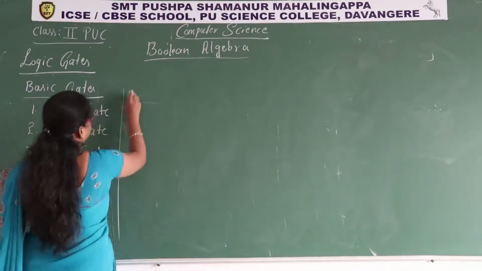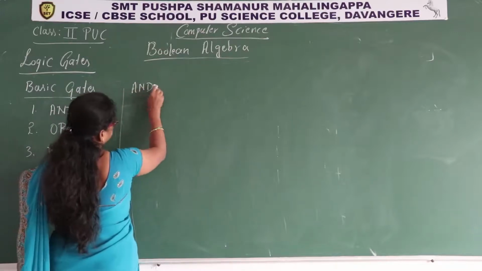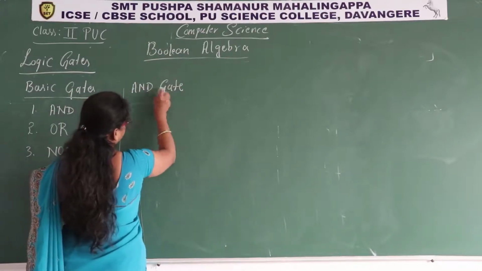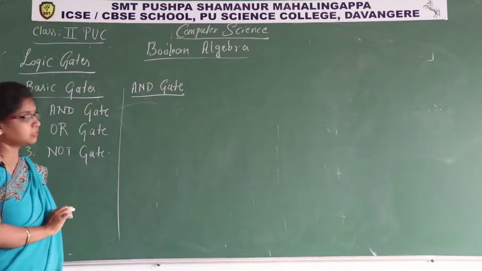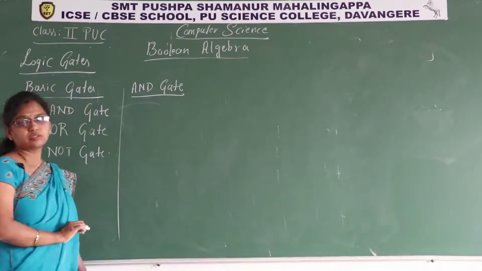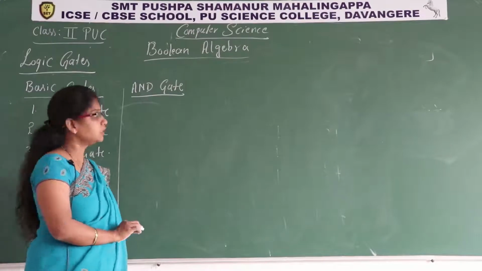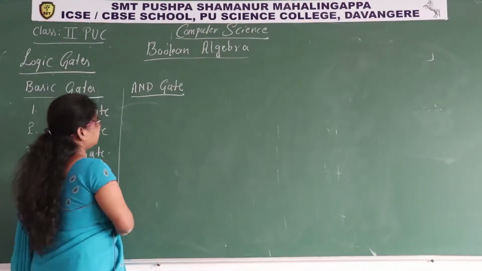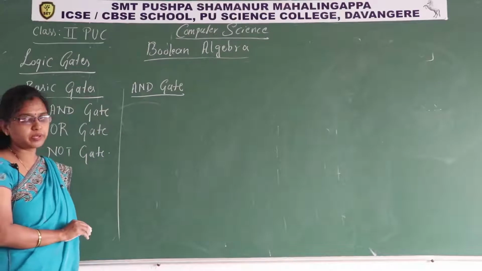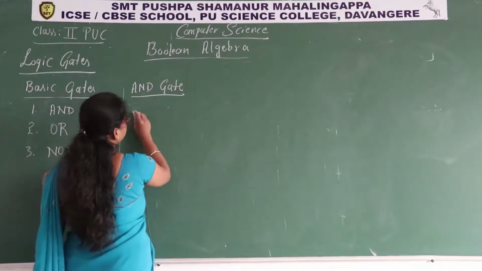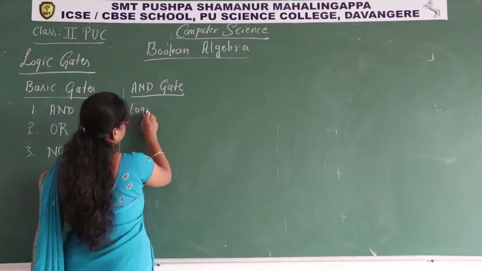First, AND gate. The explanation is same, the way of presentation is different. It operates on 2 or more input signals and produce single output, and its algebraic notation is dot operator, and logic symbol, I will write only logic symbol here.